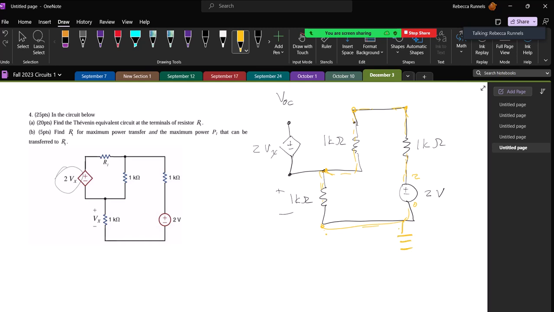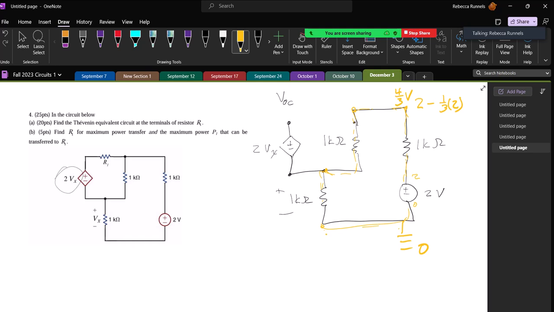If I'm 0 right here, then right here I'll be 2 minus 1/3 of 2, or 6/3 minus 2/3, which is 4/3. So I'd be at 4/3 volts right here.